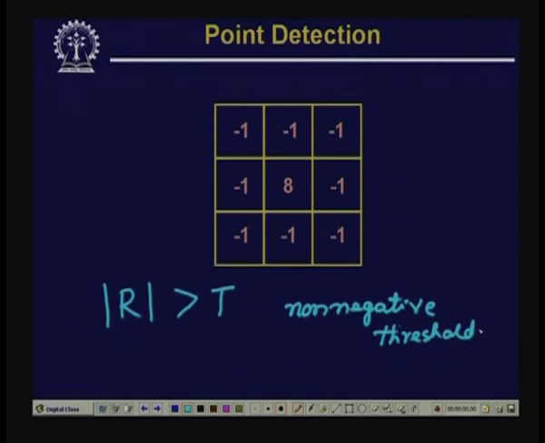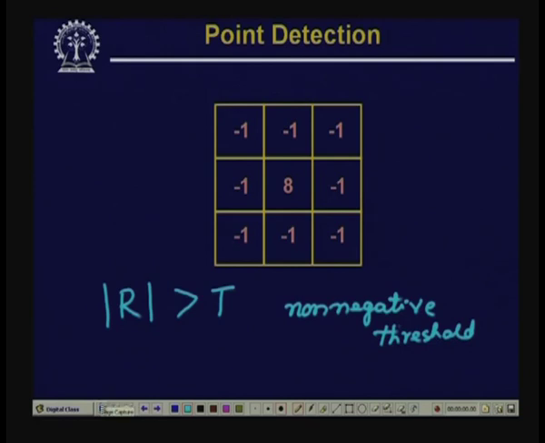So, if the absolute value of R computed at location (x,y) where this mask is centered is greater than T, then we say that an isolated point is detected at the corresponding location (x,y).